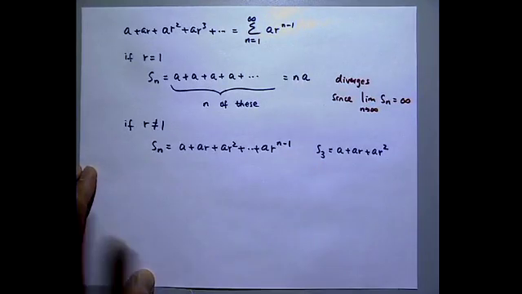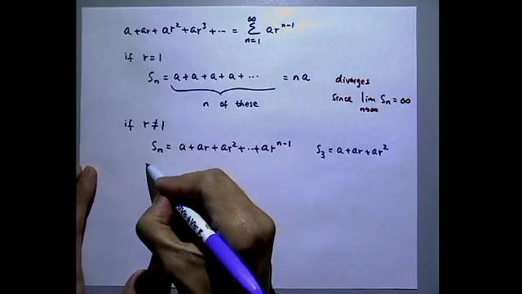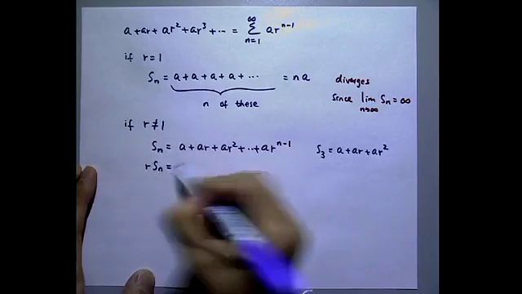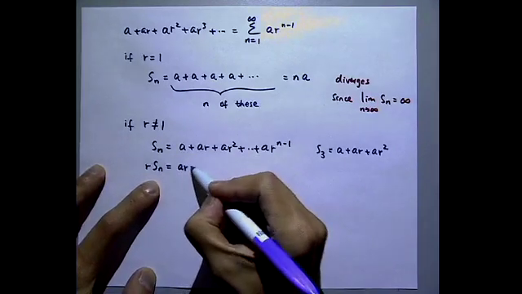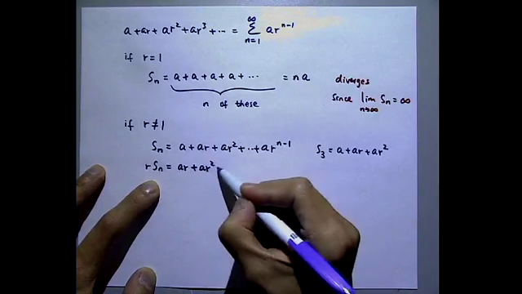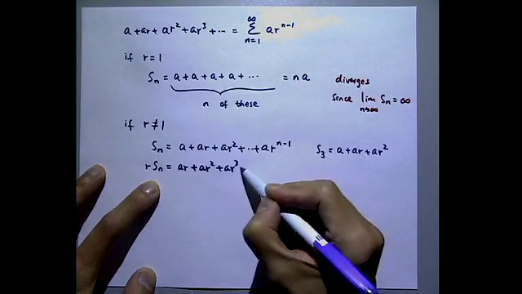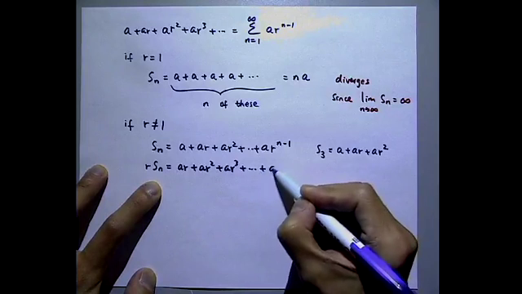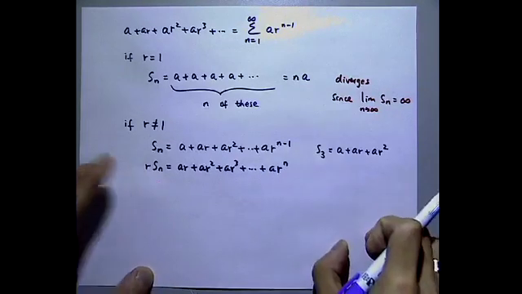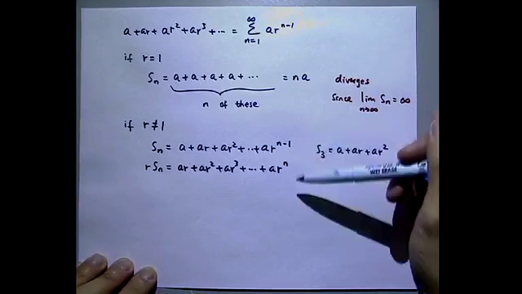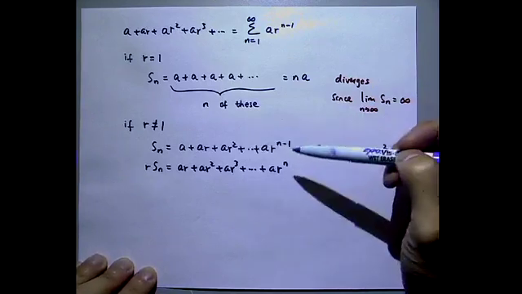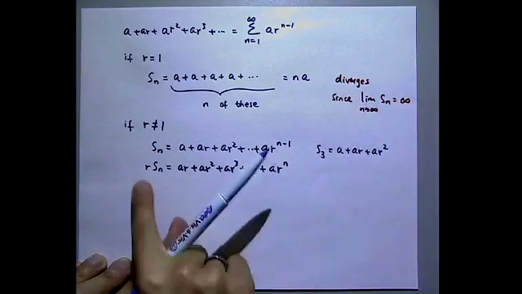Notice what happens if I multiply both sides by R. I get AR plus AR squared plus AR cubed plus dot dot dot plus AR to the n. And now, let me subtract the second one from the first one.